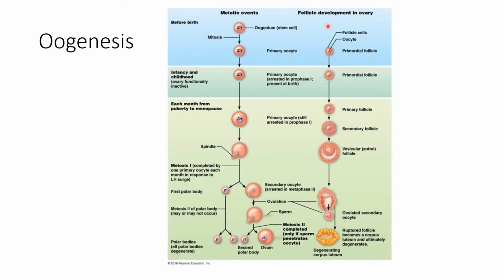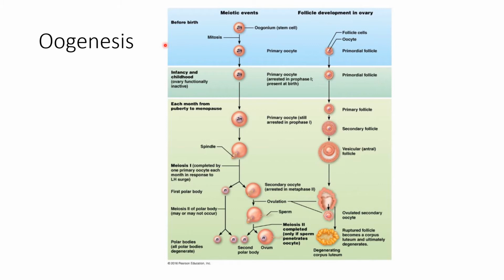This slide right here is showing you the follicle development, and those are basically the cells surrounding the egg. And we're going to call the egg an oocyte. So there are cells that are going to surround those oocytes, and those cells are going to keep growing. And so basically those two events right here are taking place at the same time.